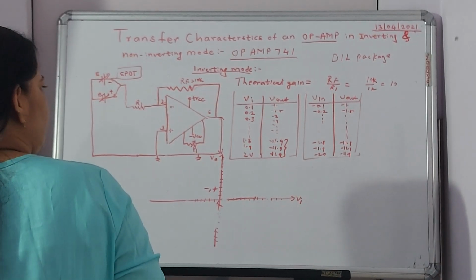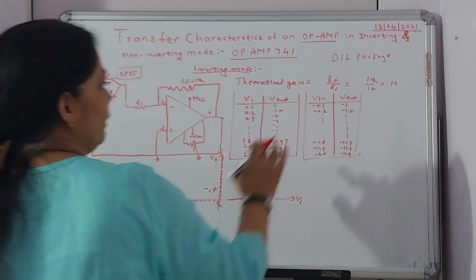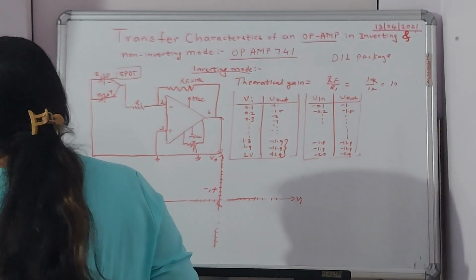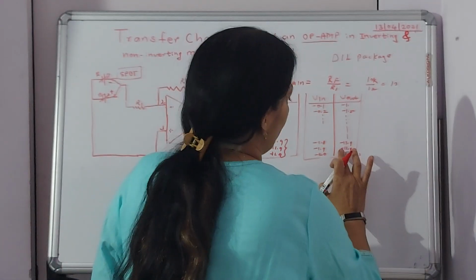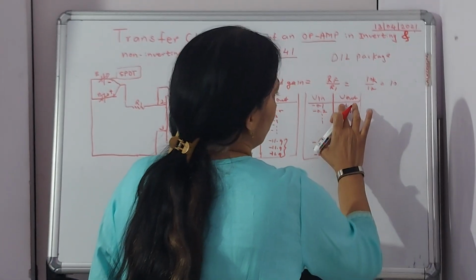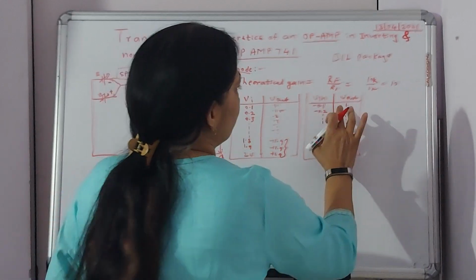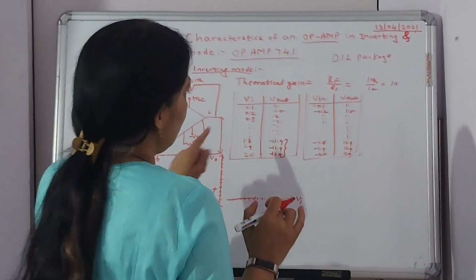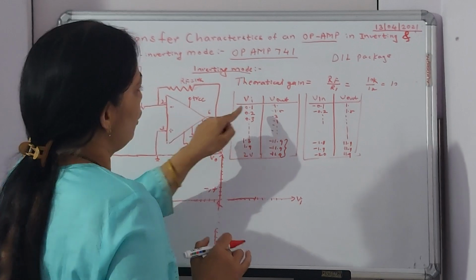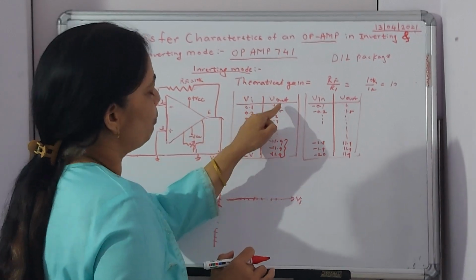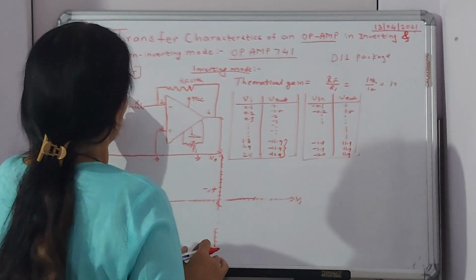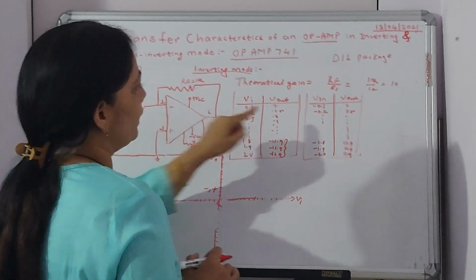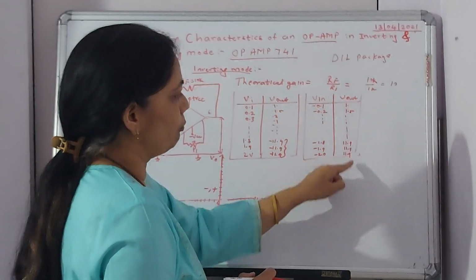My input will be negative, correct? And in this case, the output will be positive. So I'll have to rub this sign over here because of the inverting word. In this case, what happened? At first the input was positive, output was negative. When I switched the SPDT from positive to negative, my input was negative, but output was positive.